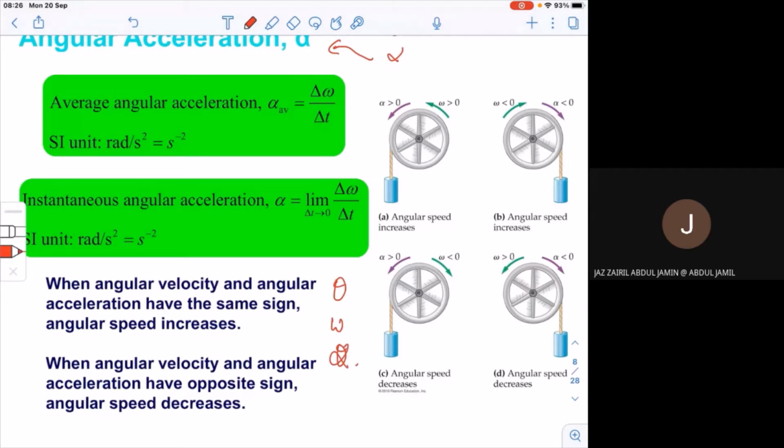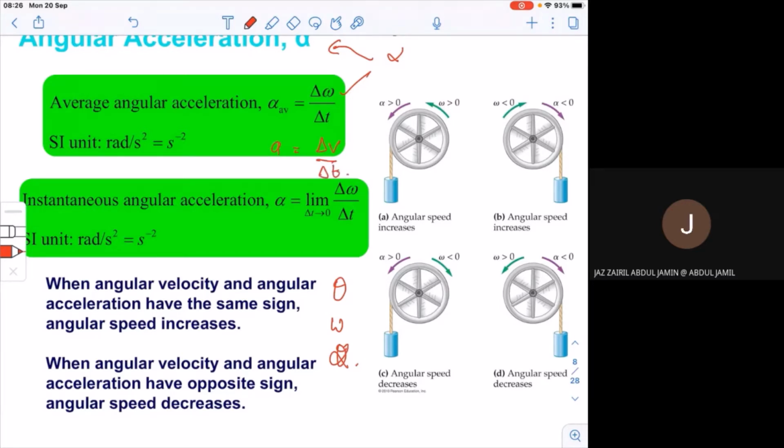So the average angular acceleration, alpha average, is equivalent to delta omega over delta t. Before this, when we talked about linear acceleration, we had delta v over delta t.